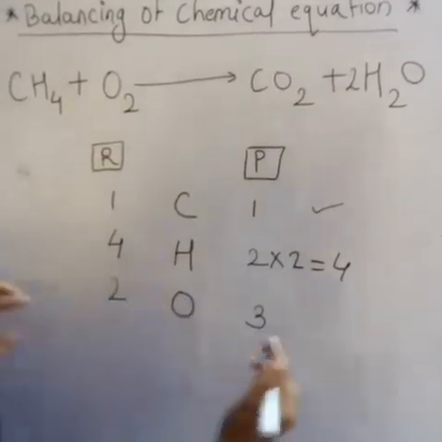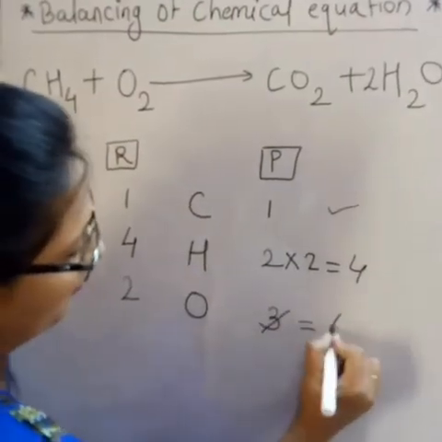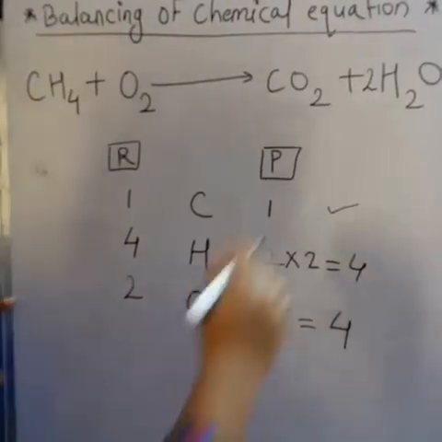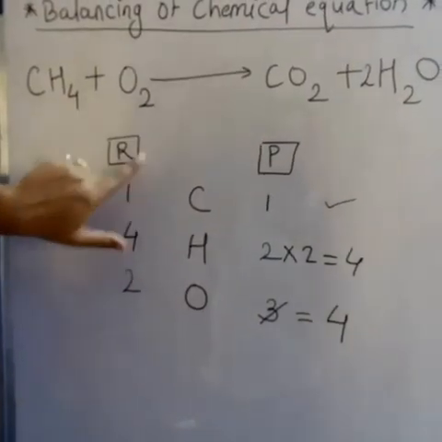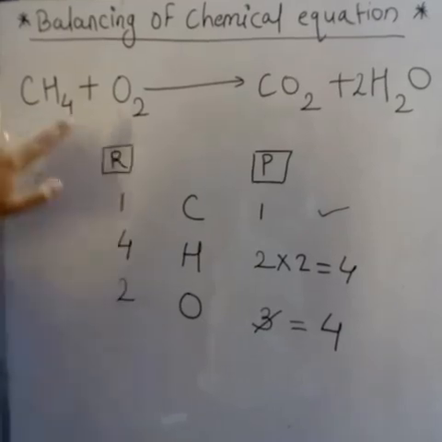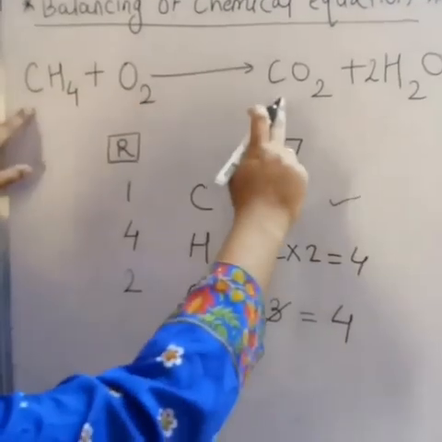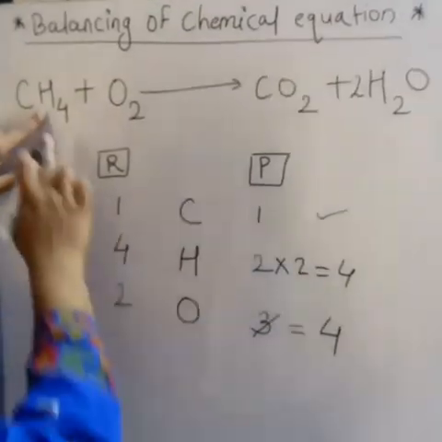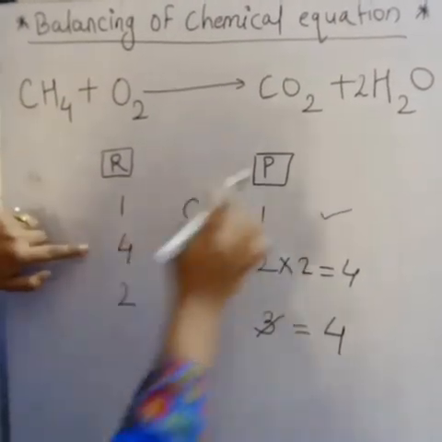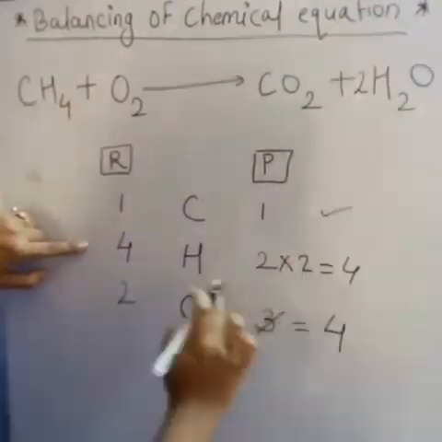So instead of 3, it becomes 4 oxygen on the product side. Now let us check again carbon, if there is any change in the carbon number: 1 carbon in reactant, 1 carbon in product, so it is balanced. Then hydrogen, 4 hydrogen on the reactant side, 2 twos are 4 hydrogen on the product side.